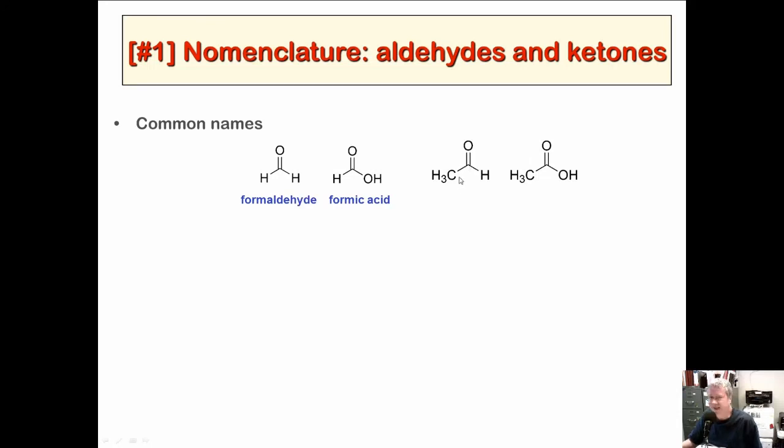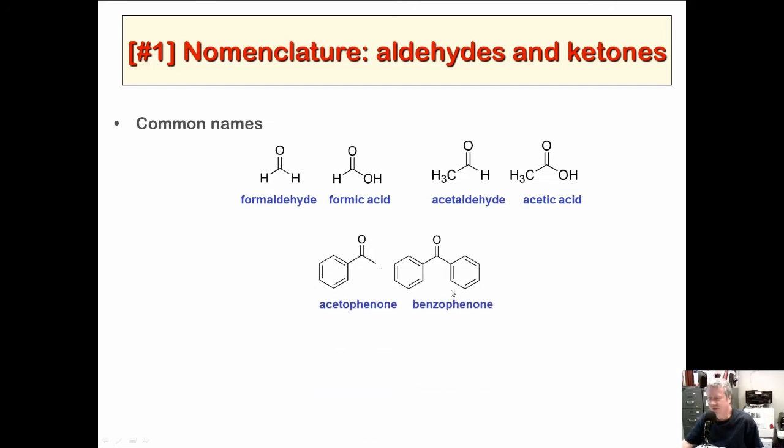It's like acetic acid, but this is what kind of aldehyde? Acetaldehyde. These are other ones you'll see from time to time, some ketones. This one's called acetophenone. This is called benzophenone. Memorizing these is not necessary. It's kind of silly. And that's it. We'll continue next time.